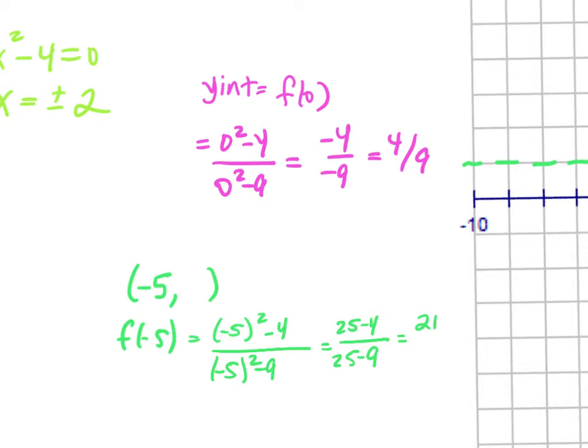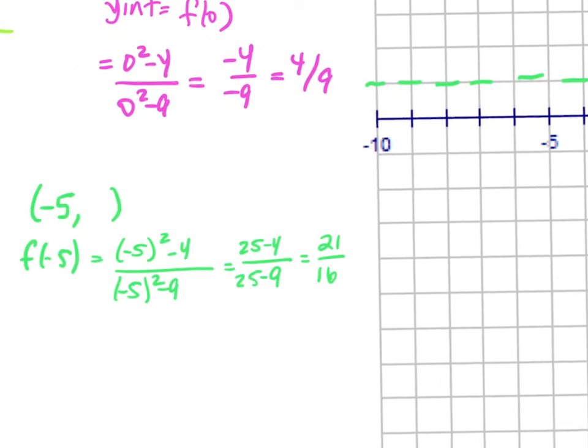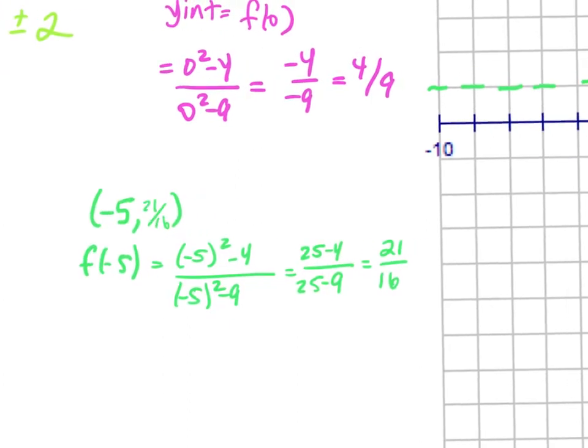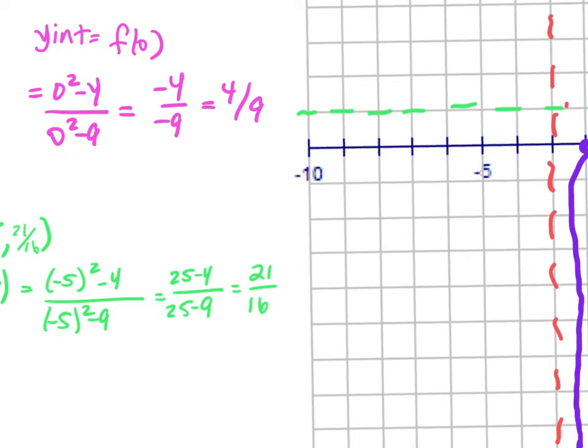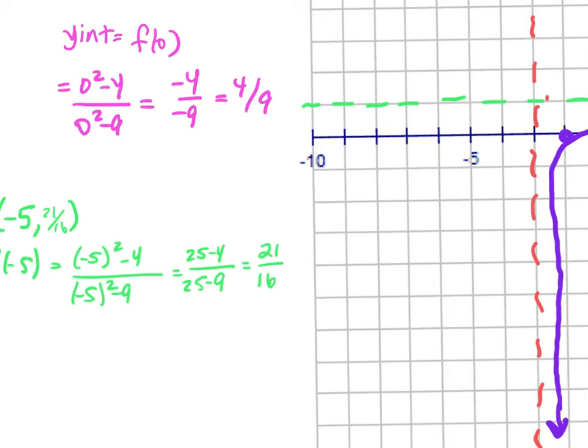And what's 25 minus 9? 16. All right. Well, 21 over 16. Some of you are like, how am I supposed to put that on a graph? Guys, is 21 over 16 bigger or smaller than 1? It's bigger. So I know that this part of my rational graph, we'll call it our boom.